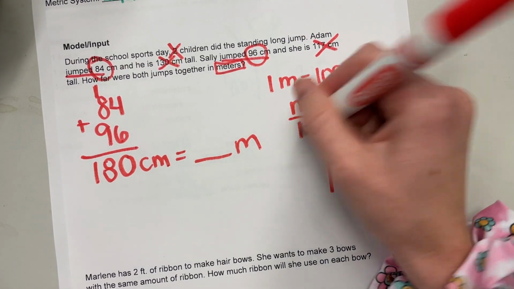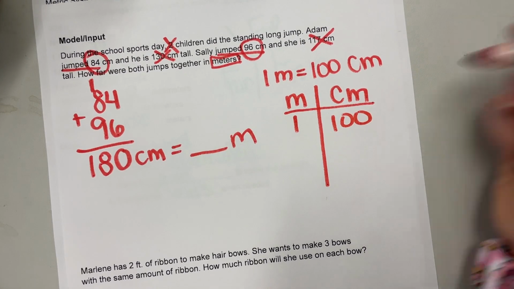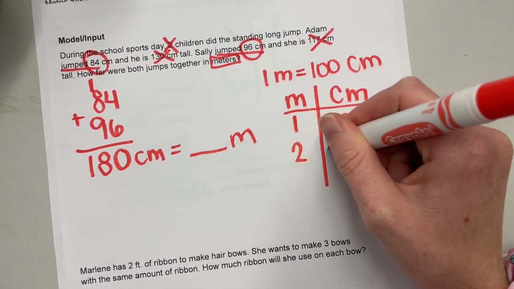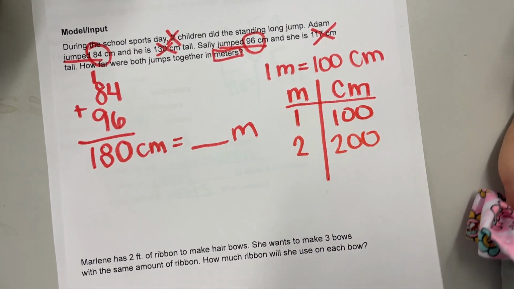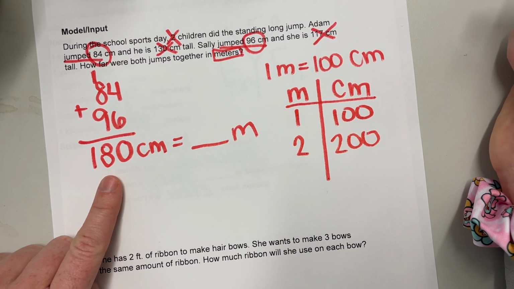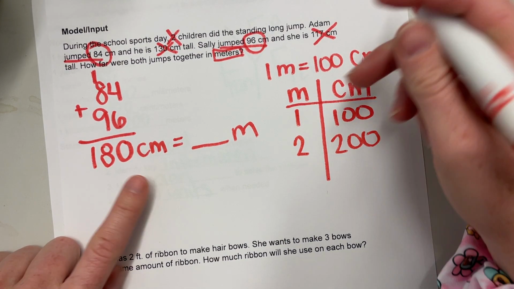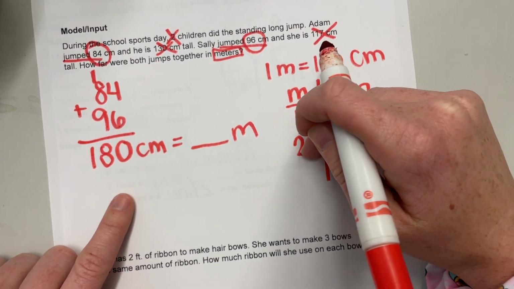And I have 1 meter equals 100 centimeters. And then I can do 2 meters equals 200 centimeters. And I'm going to pause. I see that I have already passed it. So I know that 180 centimeters is going to be in between 1 and 2.